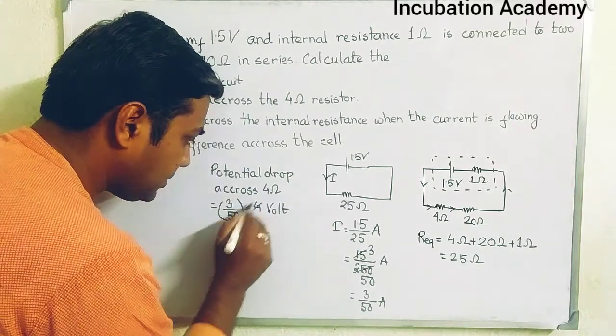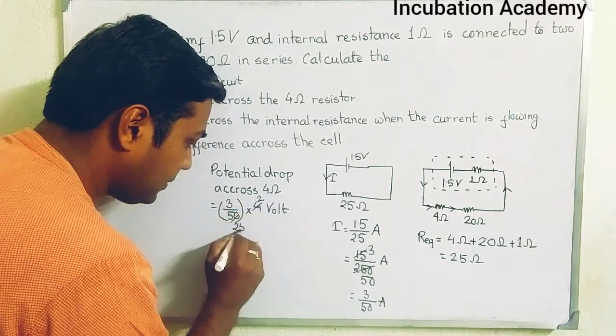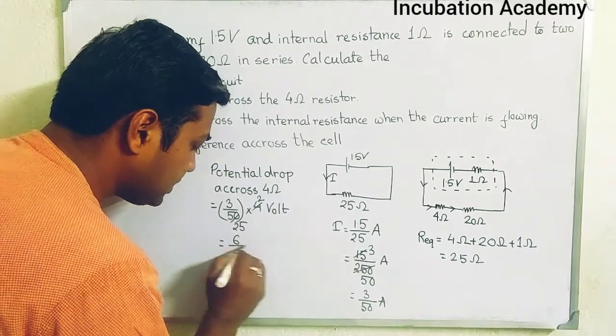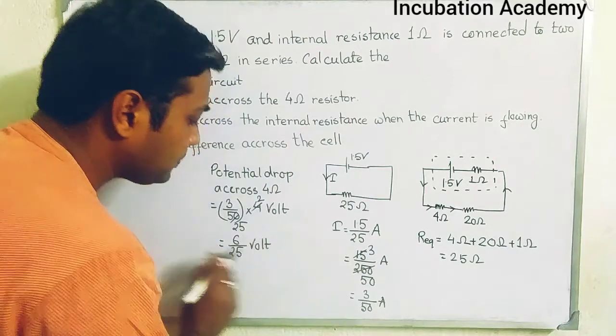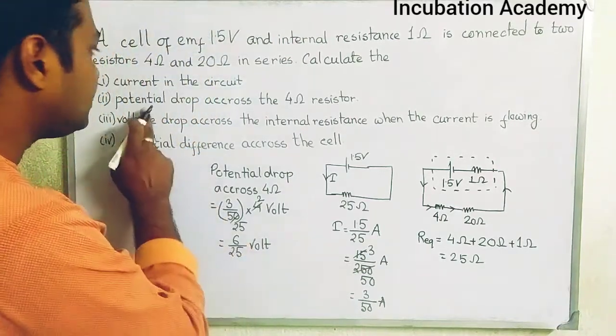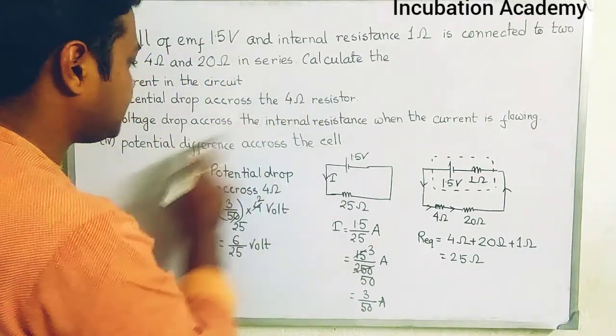So this will become 6 divided by 25 volt. So this is the potential drop across the 4 ohm resistor.